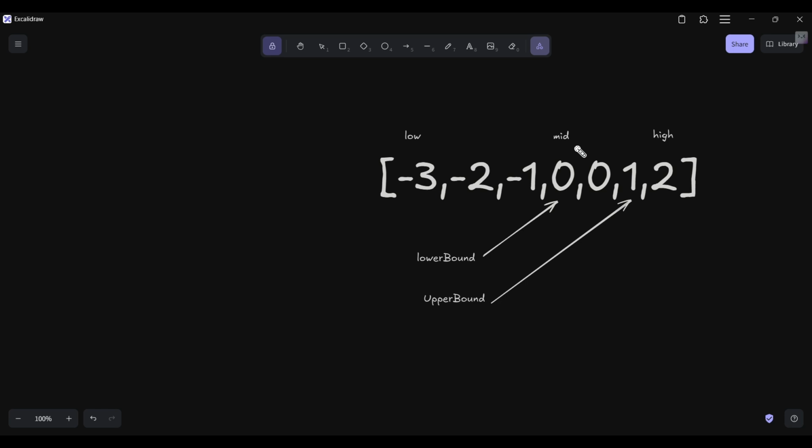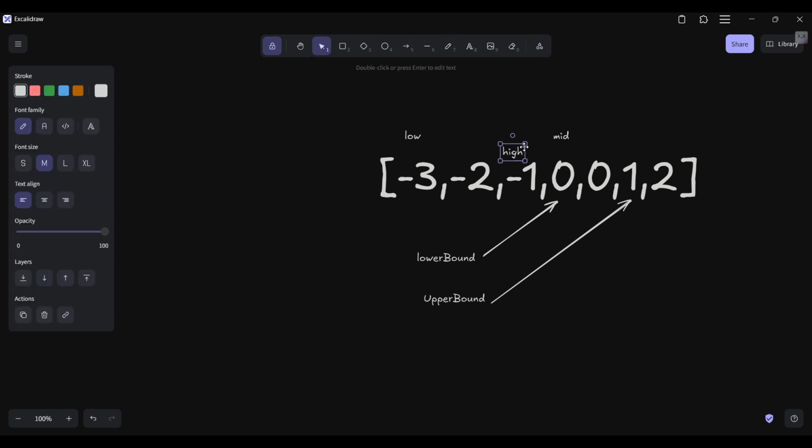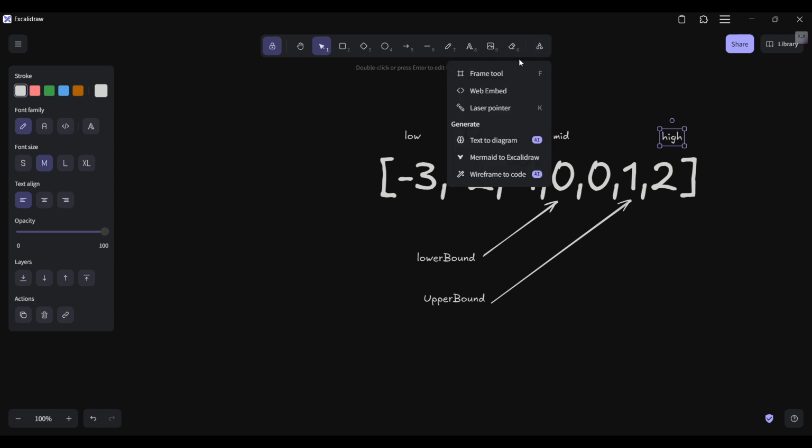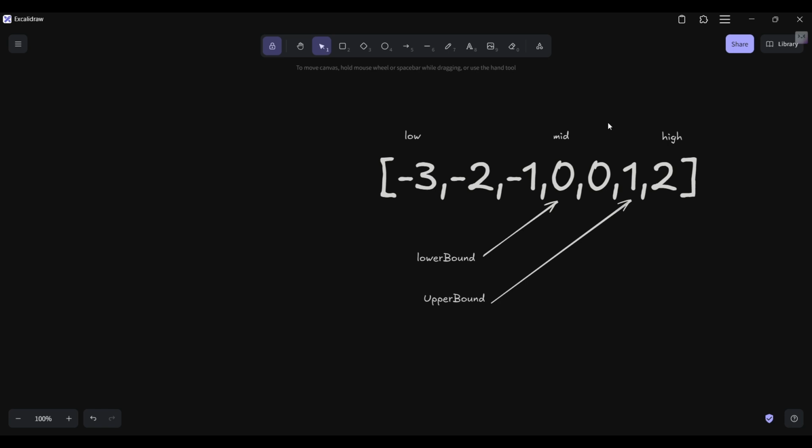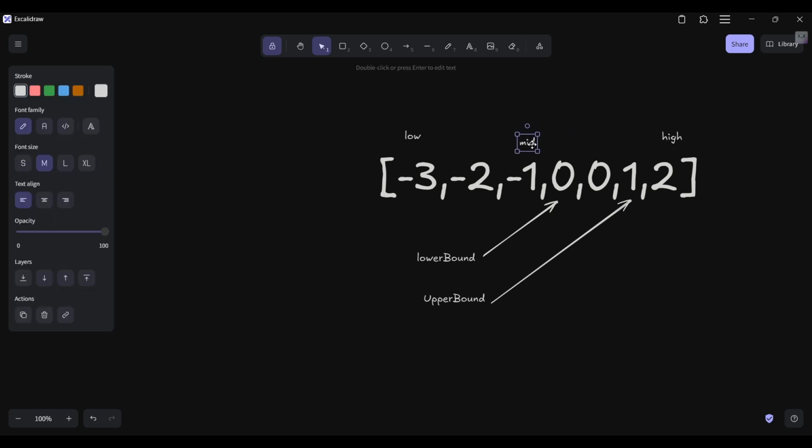Then we will move high to mid minus 1. Whenever mid is smaller than 0, we will simply move low. So you got the thing, how it works for the lower bound.